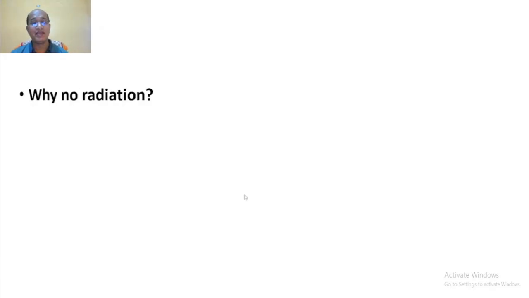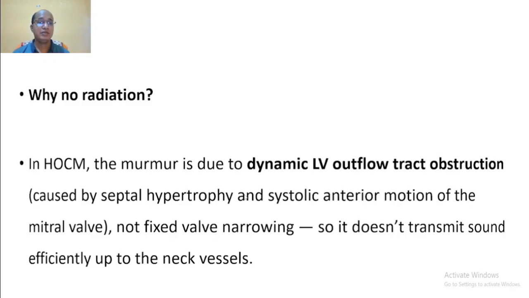The question is why no radiation? In case of HOCM, the murmur is due to a dynamic left ventricular outflow tract obstruction caused by septal hypertrophy. The septal part of the interventricular septum is hypertrophied, and whenever the ventricle contracts, it bulges and makes a functional obstruction in the outflow tract, with systolic anterior motion of the mitral valve.